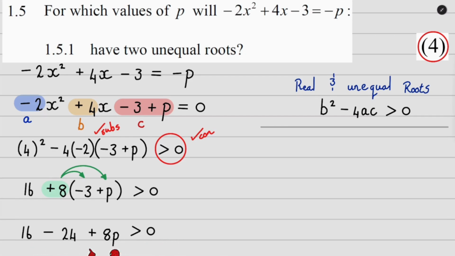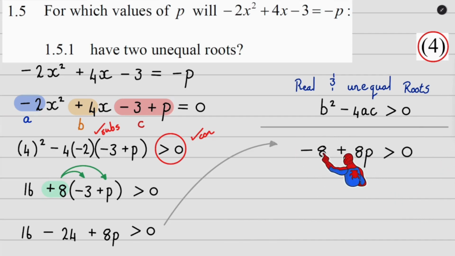Right, let's start simplifying this. 16 minus 24, triple check with your calculator. It's going to be negative 8. And then we're going to shift this negative 8 over to that side. Just remember, you change the sign when you do that. So if you're going over the inequality symbol, it's going to change sign to positive 8. Now I need to get rid of this 8 in front of p, so I divide both sides by 8 to get rid of it.